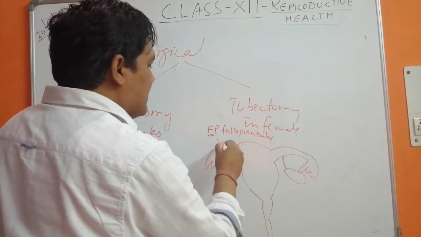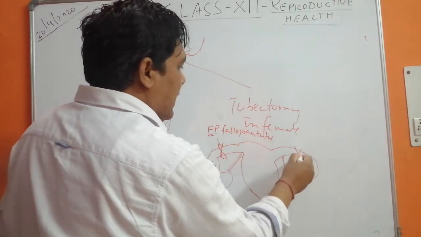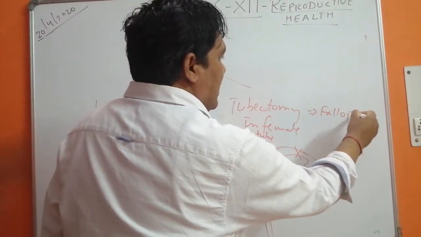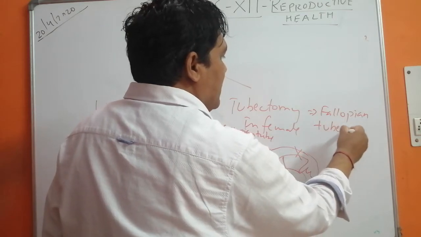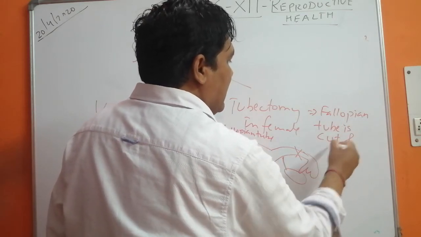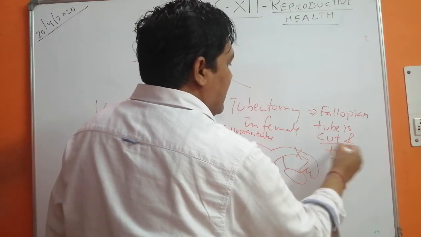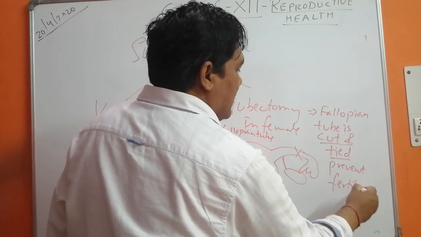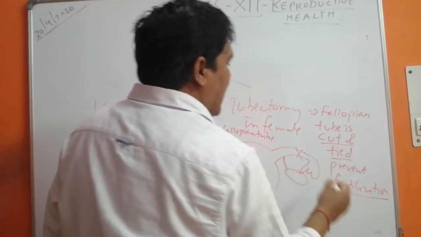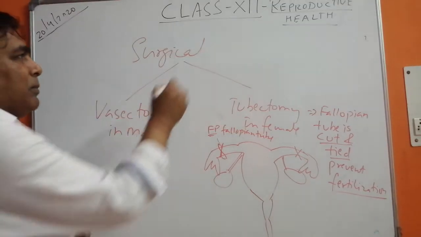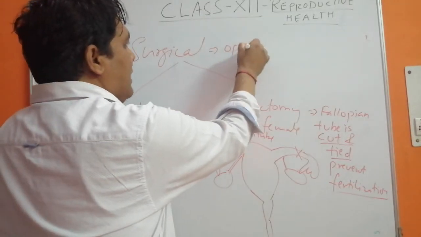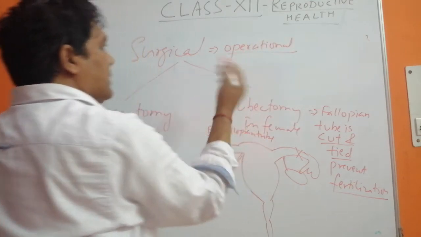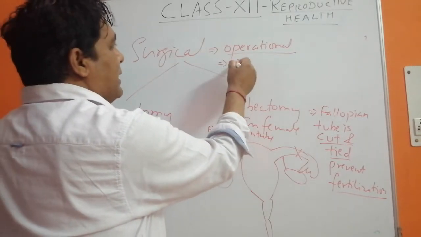The fallopian tube is cut and then tied. This prevents fertilization and so controls pregnancy. This is a permanent method. This is operational, and it is a permanent method.